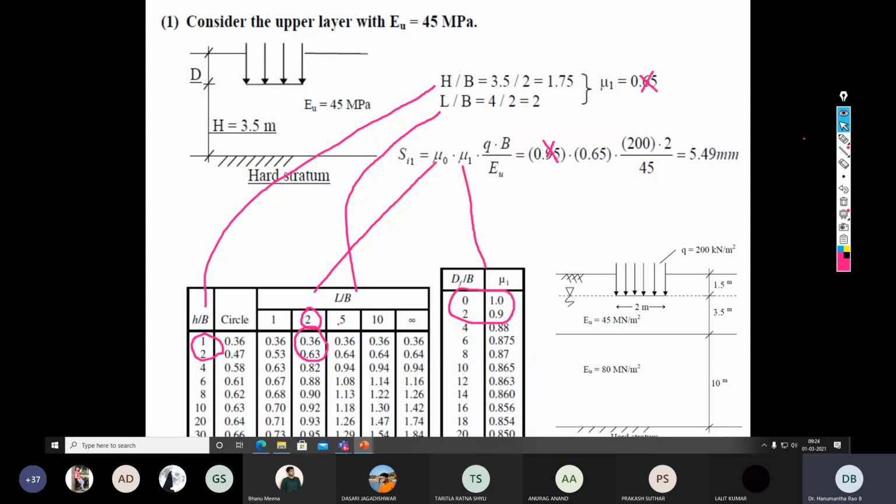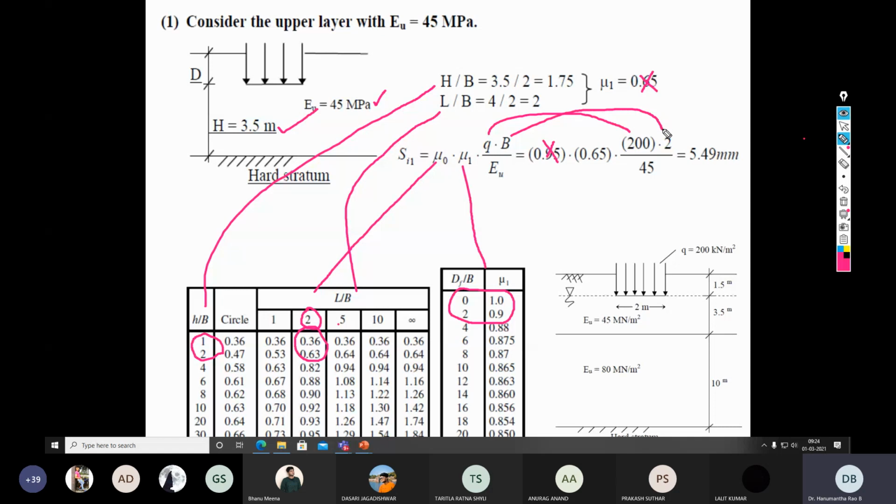So in our case, we have considered case 1, where the thickness of the soil layer is 3.5 meter with a given Eu, that is the elastic modulus of the soil, as 45 megapascals. From these two tables, you need to calculate the values of mu0 and mu1. q, that is the intensity of the soil bearing pressure, is given as 200 kilonewton per square meter.